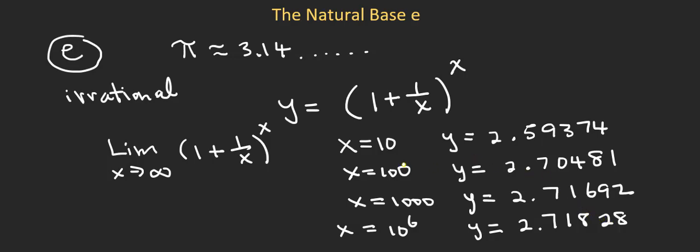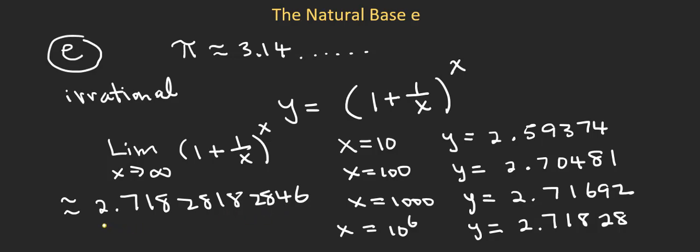So as you increase the value of x, let's say 10 to the 7th, 10 to the 8th, what you will notice is that this will approach 2.71828182846, and then it goes on forever. It doesn't stop. And we call this number right here E.